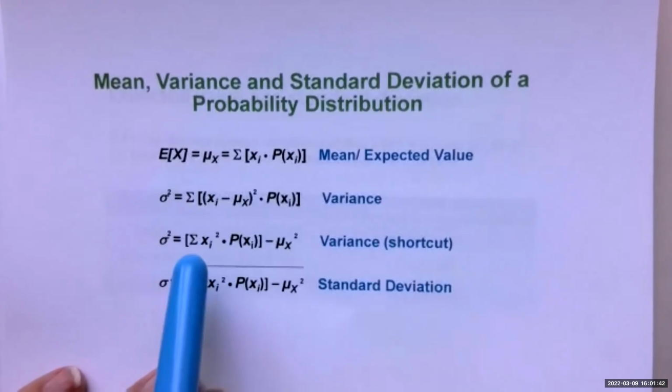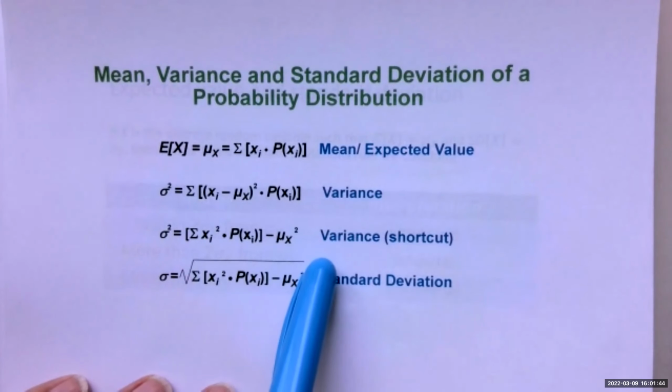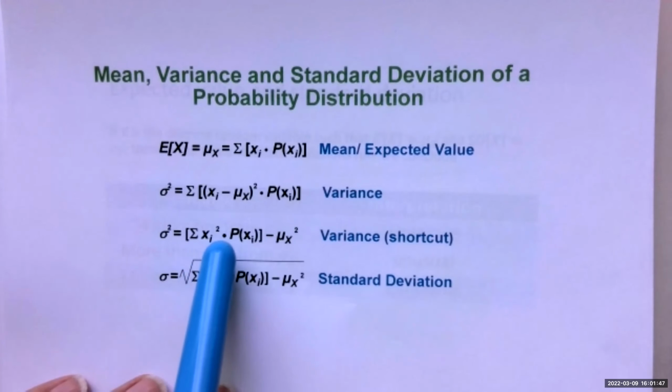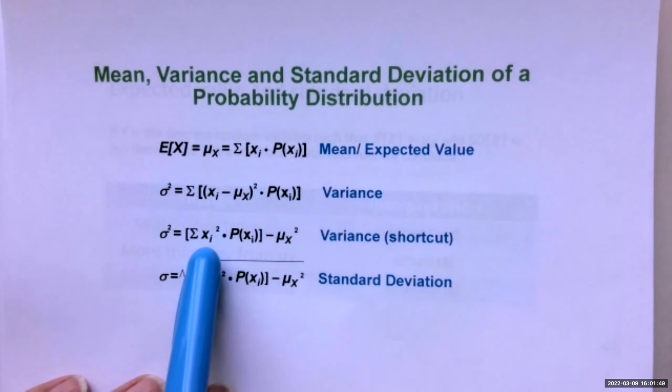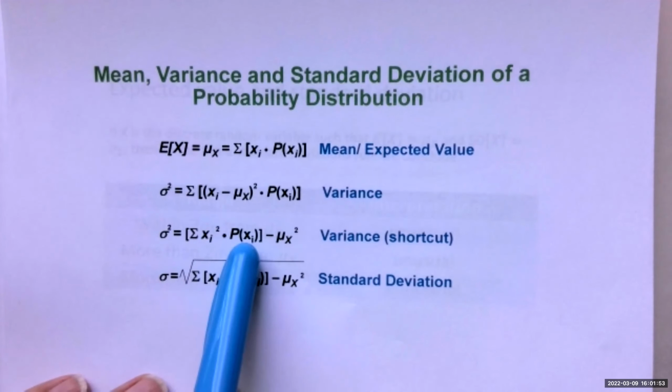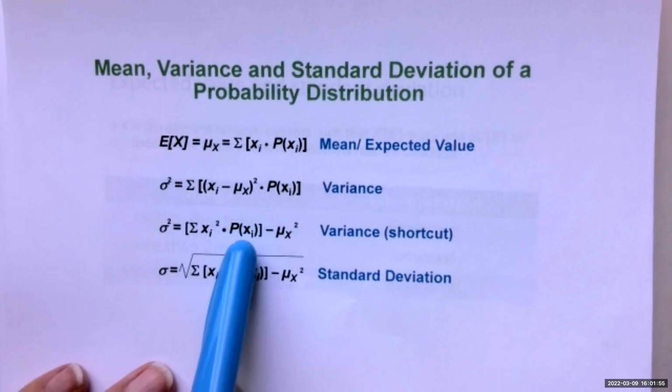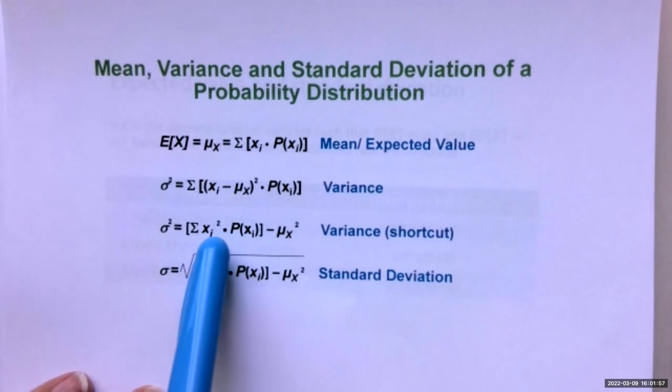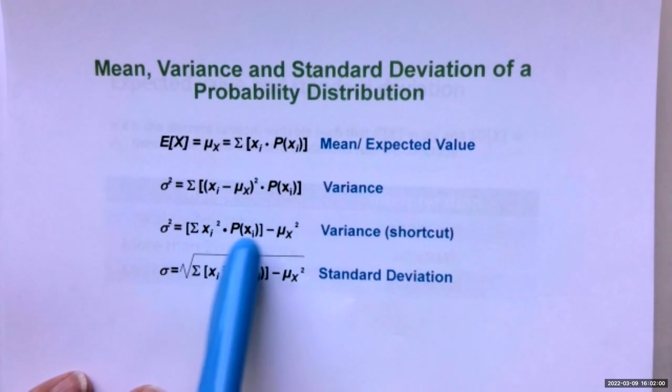So here's our shortcut formula. Instead of doing this, we could actually square each x value, multiply by the corresponding probability. See the i and i, so these should match.